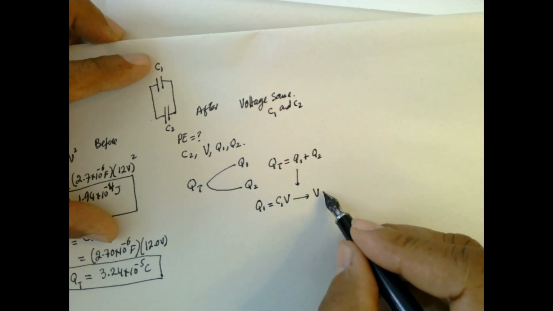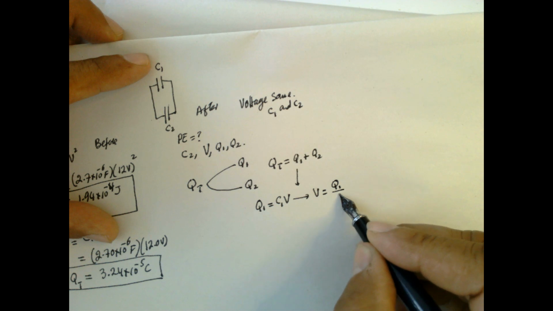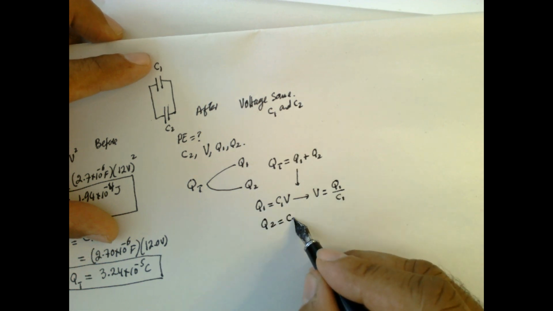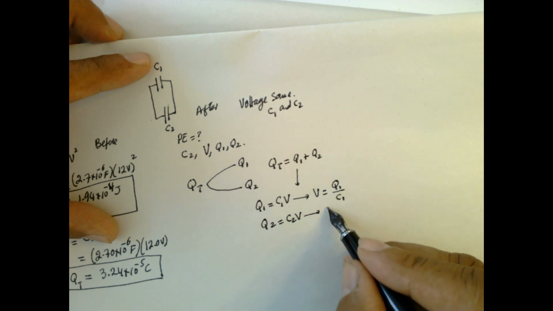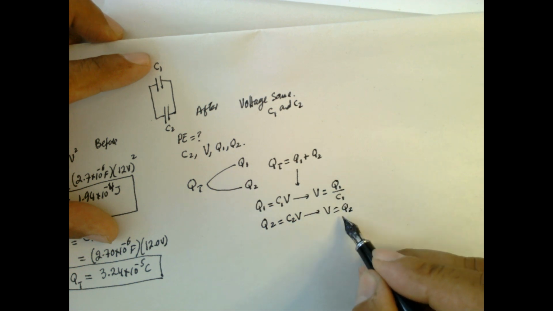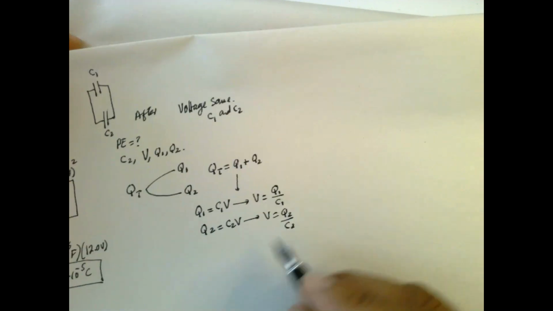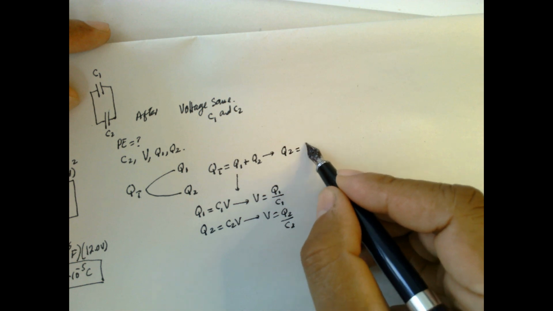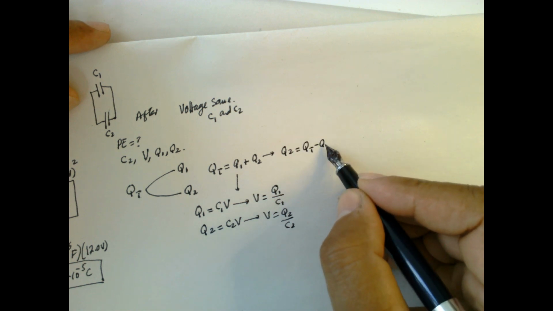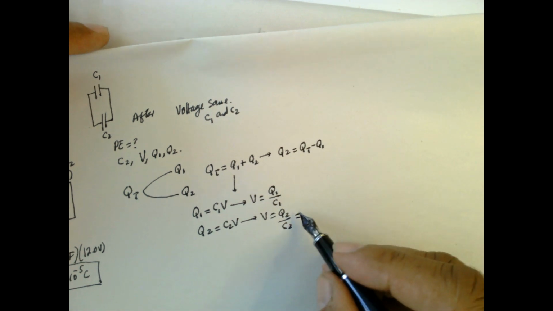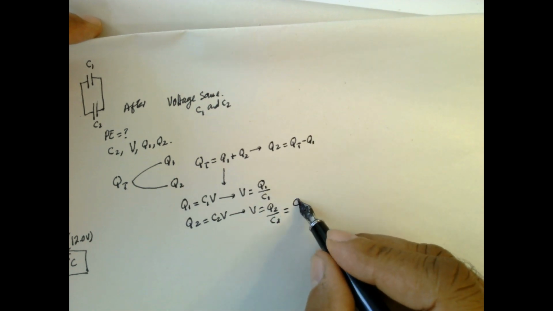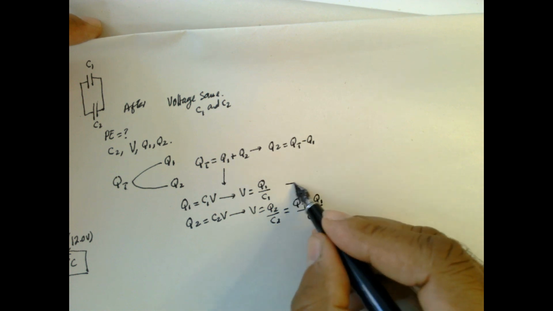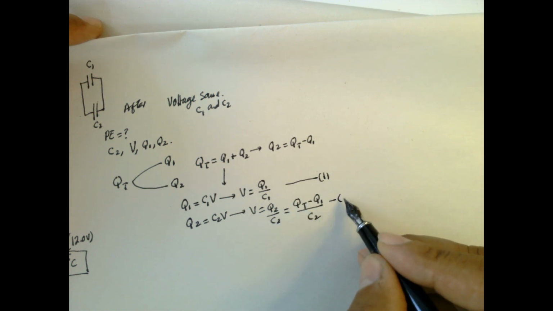So voltage is equal to Q1 over C1. Similarly, Q2 is equal to C2V, so that means V is equal to Q2 over C2. But Q2 is equal to Q total minus Q1. So we can use this value here, Q total minus Q1 over C2. This is equation 1 and this is equation 2.